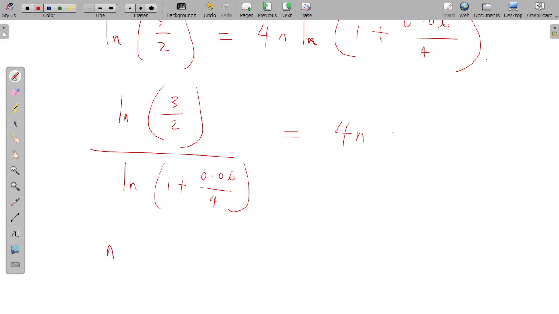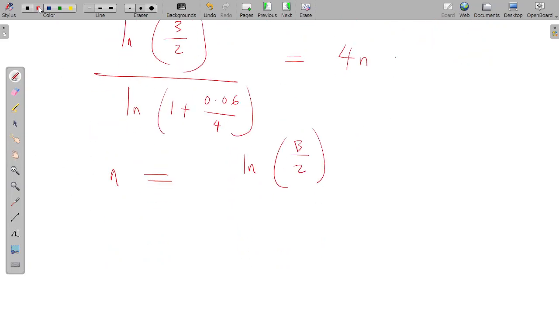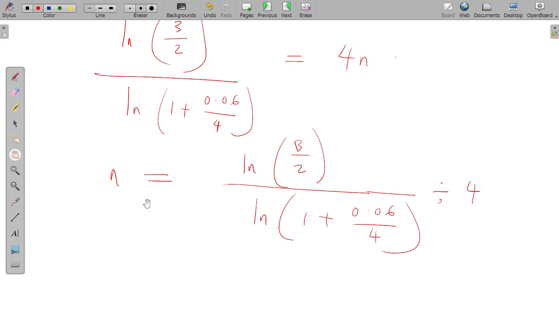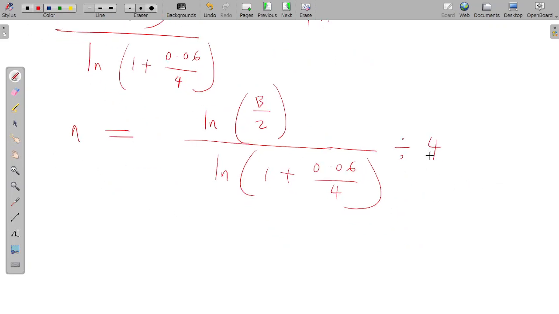So we have now N becomes ln 3/2 all over ln 1 plus 0.06/4. 4 is multiplying N here, so that means we are dividing both sides by 4. I'm just writing this in order to emphasize something.